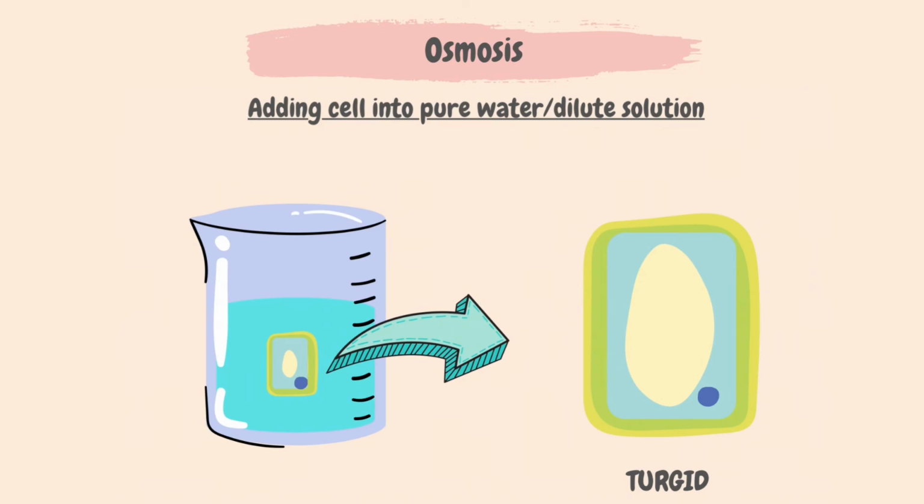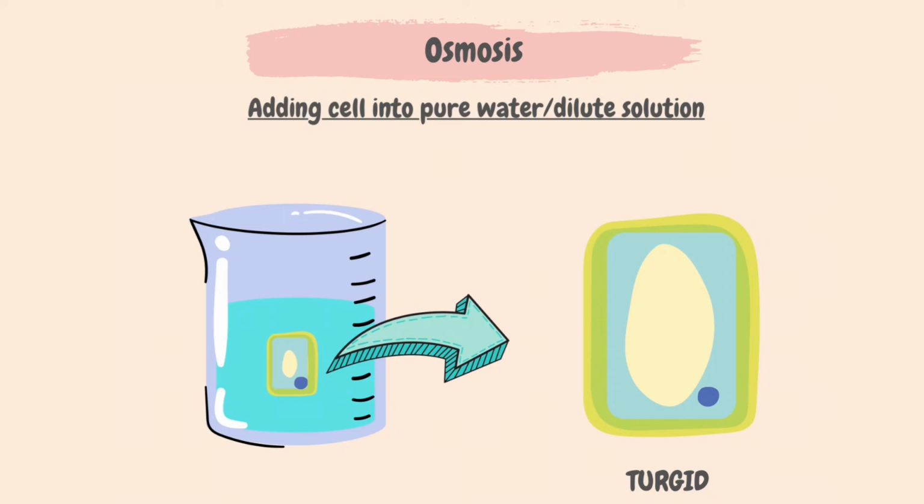Now let's investigate the effects on plant tissues in different concentrations. Adding a cell into pure water or dilute solution, there will be a higher water potential outside the cell than inside the cell, and therefore water will move into the cell. As water enters the cells, they become turgid or swollen due to the high water content.